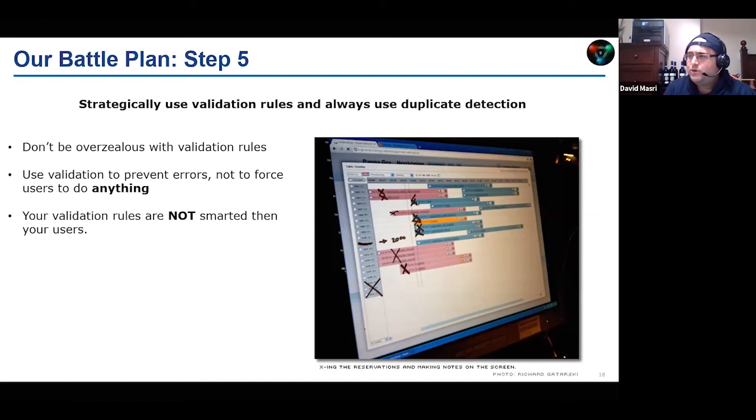And it's important to note that your validation rules are not smarter than your users, right? Computers are not smarter than people. Computers are not taskmasters that can force a person to do anything. And if you try to force them, they can get incredibly smart or incredibly crafty in the way they bypass your validation rules.